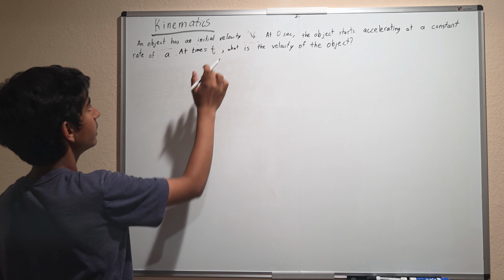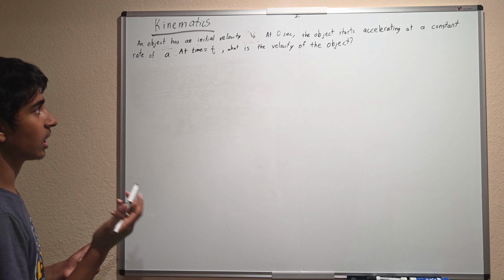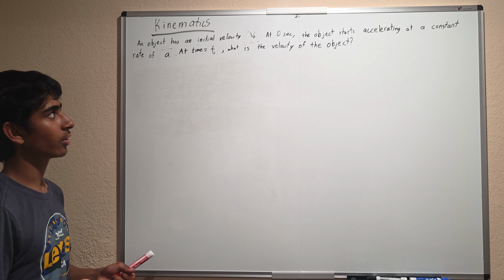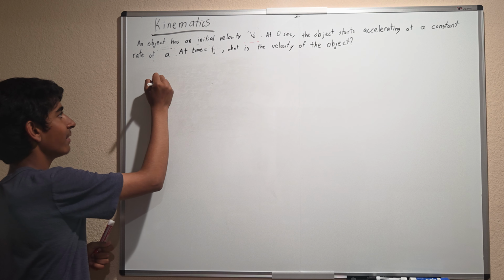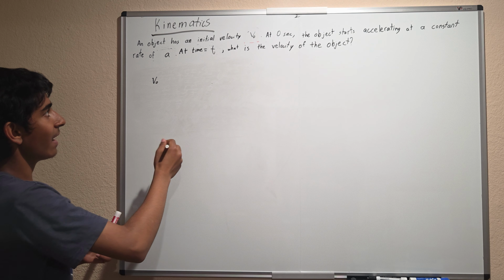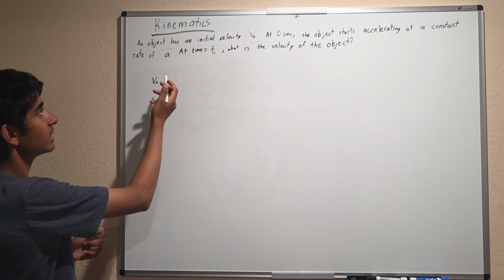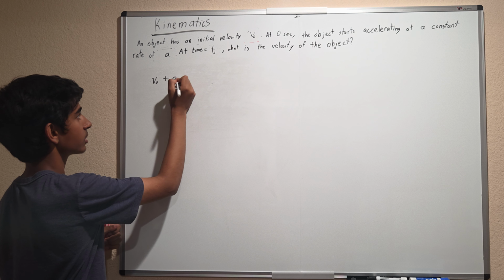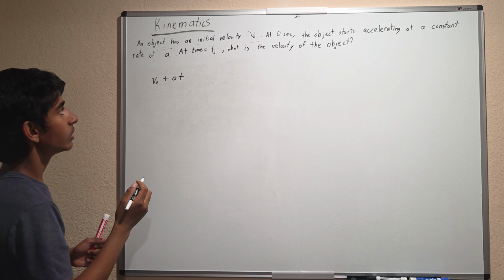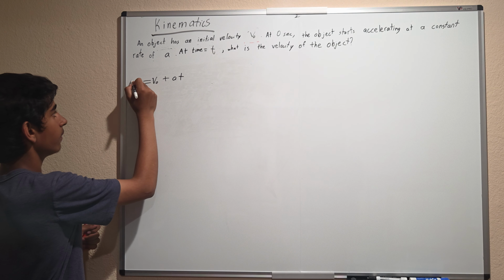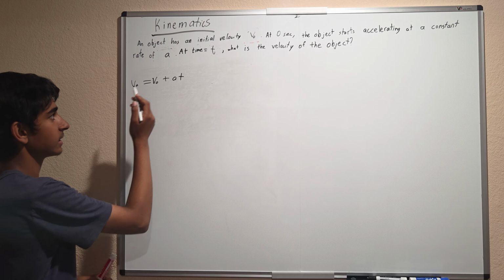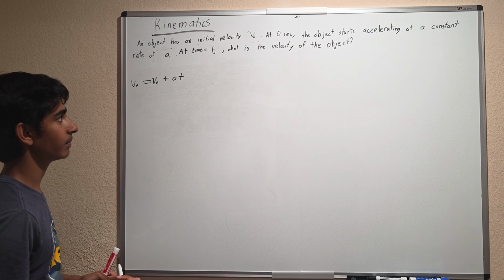So at time t, we're asked to find the final velocity of the object. Well, we can do the same thing we did before. We have the initial velocity, and for every second you increase by a, and we showed that that's just multiplication, so this is just at.